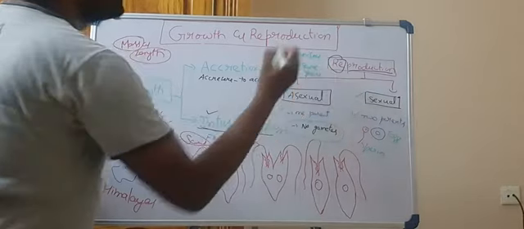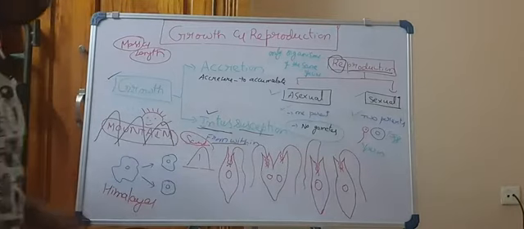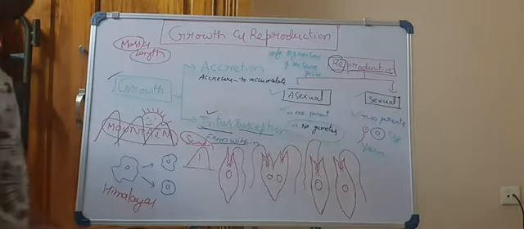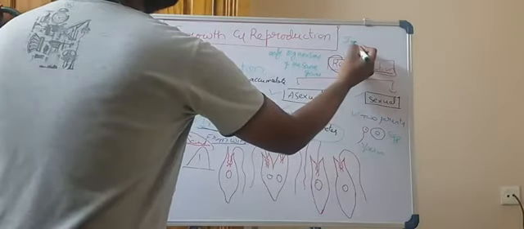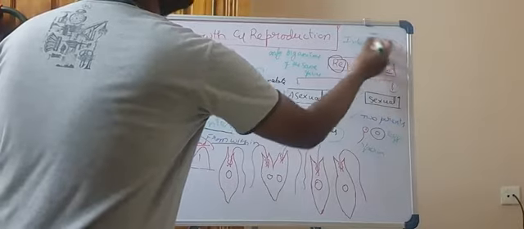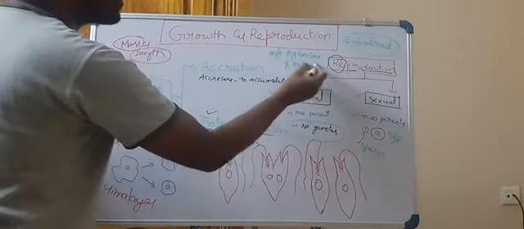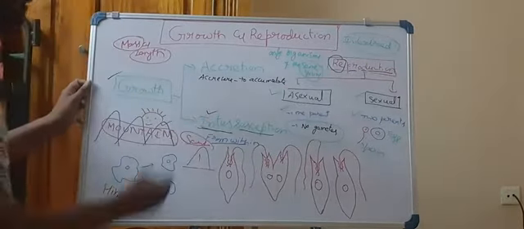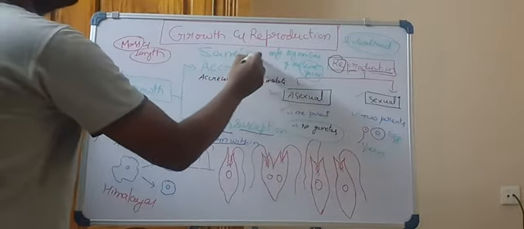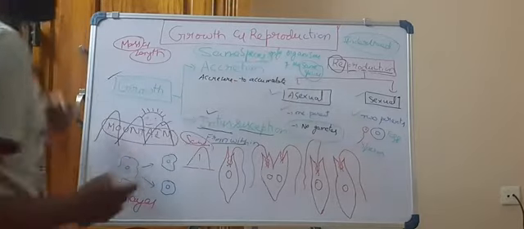Organisms of the same species interbreed among themselves to produce the young ones. The word you have to see is interbreed. Interbreeding happens between individuals of the same species. You have to note it down, but rarely it fails.